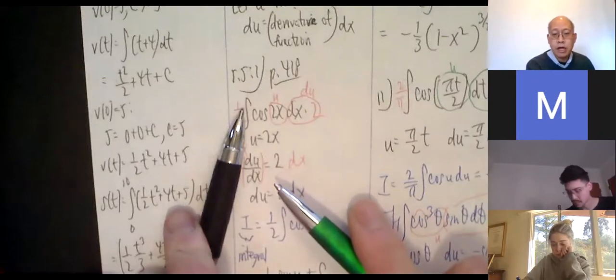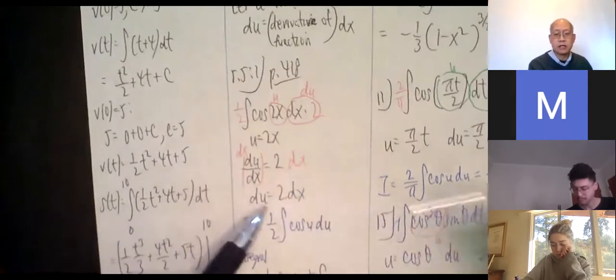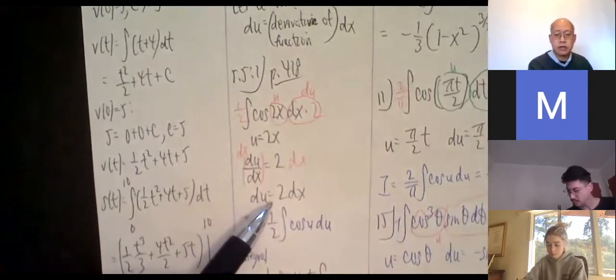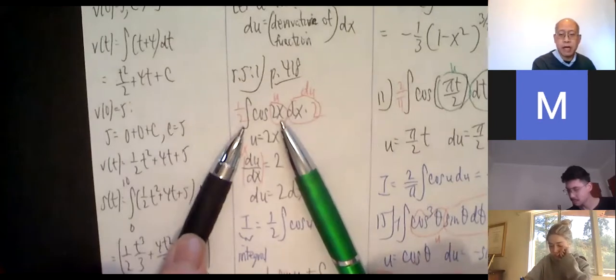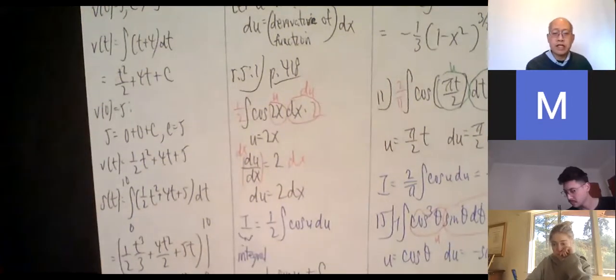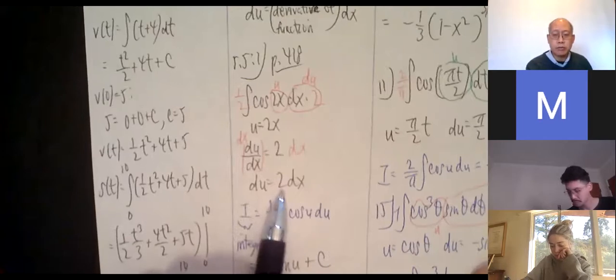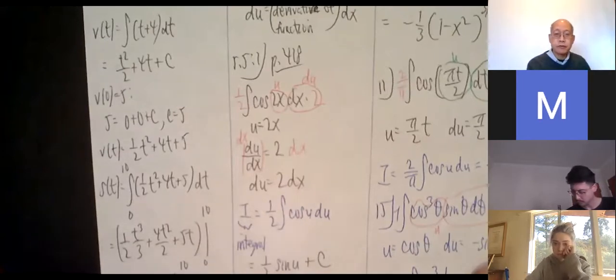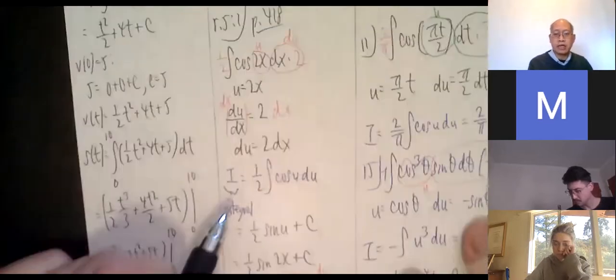Imagine from here, if you multiply both sides by dx, this cancels out. du equals 2 dx. For this section, we're going to write it like this all the time. du equals blah, blah, blah dx. So du equals the derivative of the function times dx.